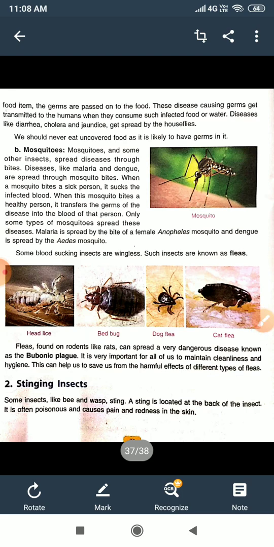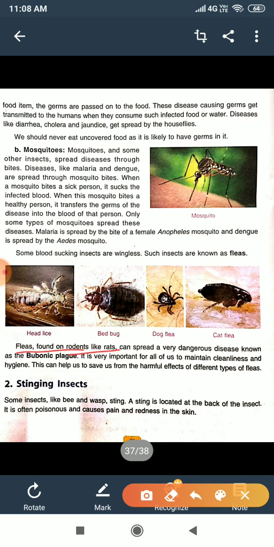Now one more thing, the disease bubonic plague. This is very dangerous. These fleas found on rodents like rats can spread a very dangerous disease known as bubonic plague.